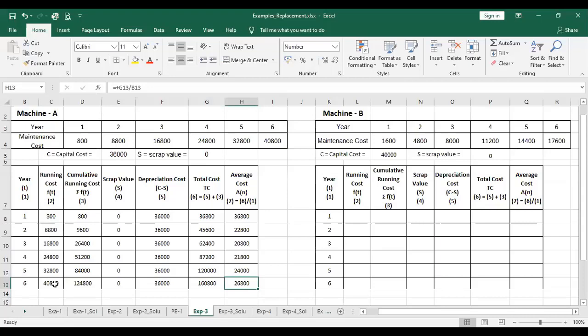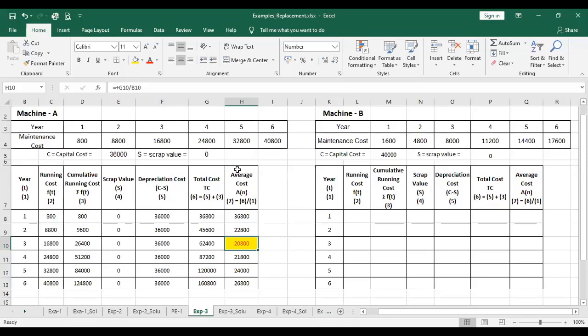Okay. So can anybody share your views at which year the machine should be changed? The machine must be changed at the third year, since the cost for the fourth year is increasing after it reaches 20,800 rupees.